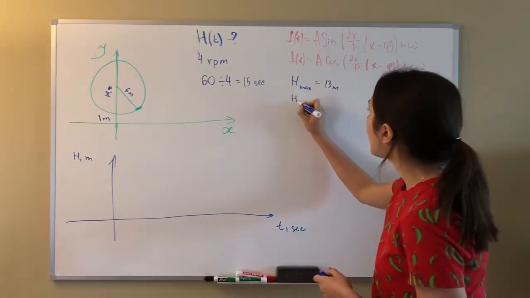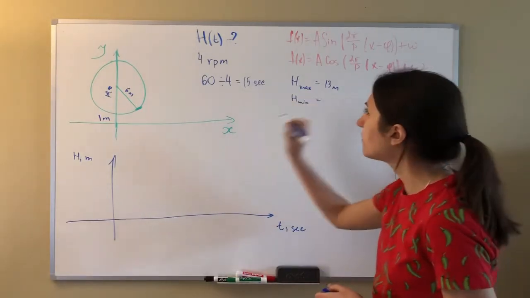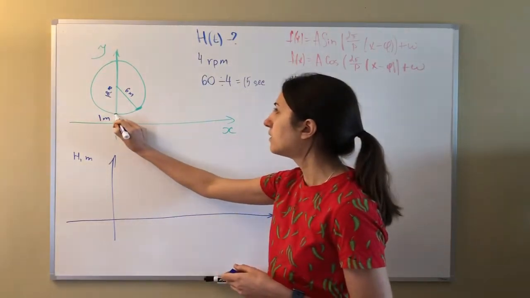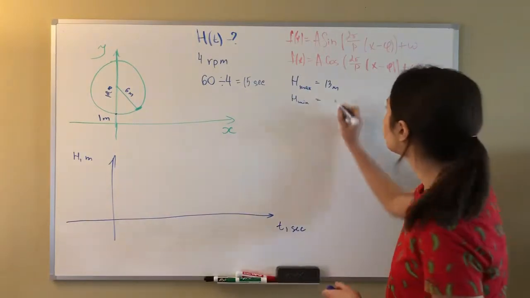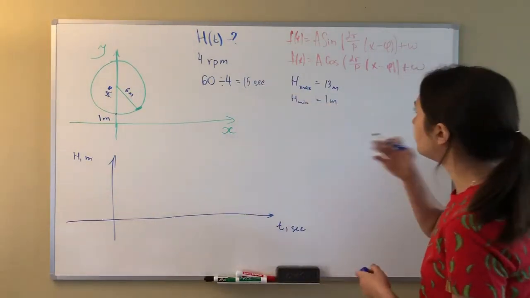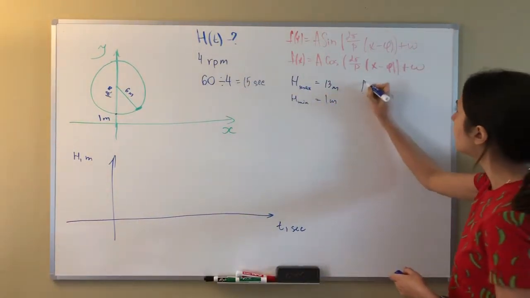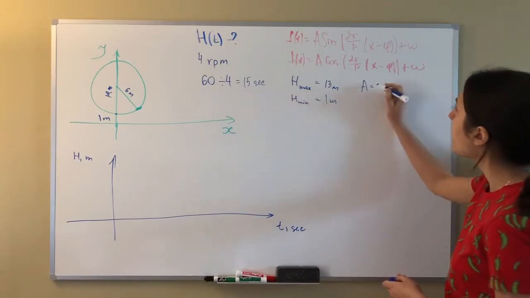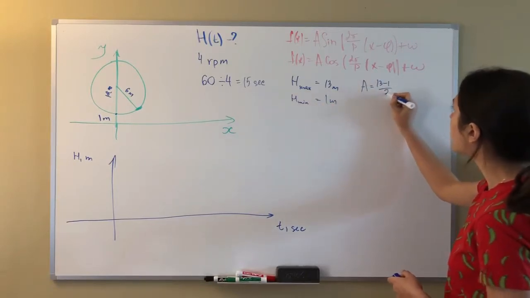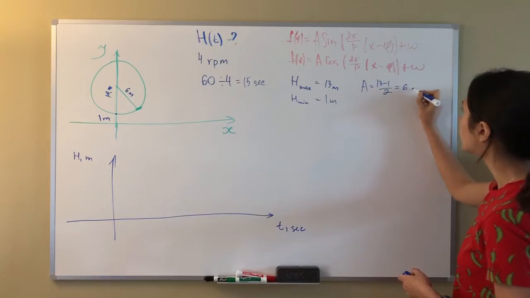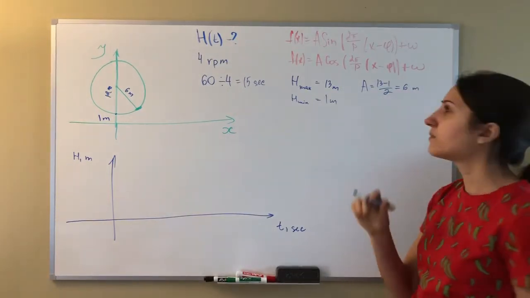The minimum will be at that point, and that would be 1 meter. So now let's find the amplitude. As I said, the amplitude is maximum minus minimum divided by 2, which is 6 meters. The amplitude is 6 meters.